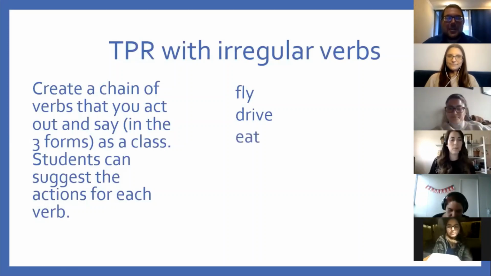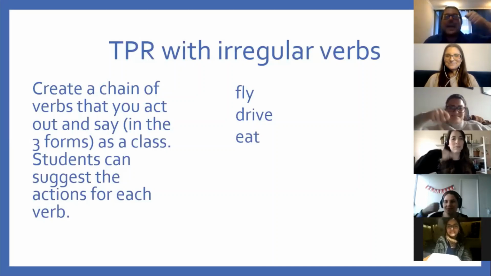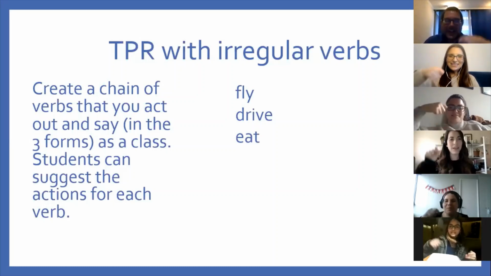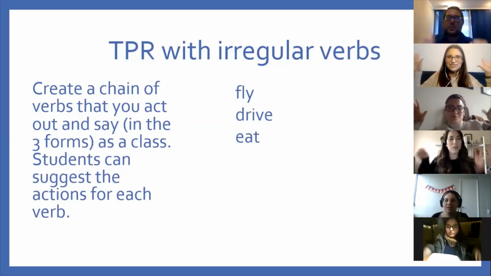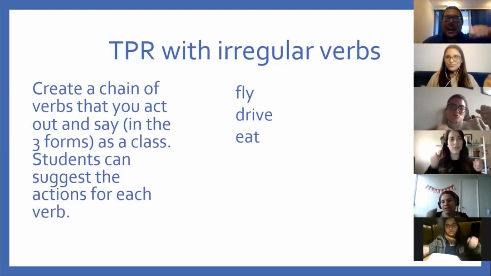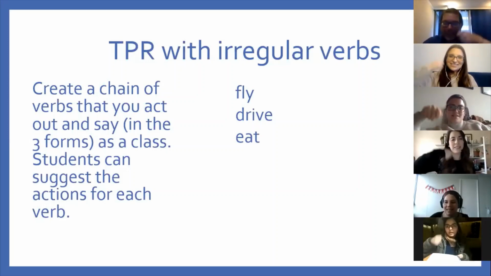Okay, so now a very important verb, eat. So the way I typically do this is like eating a big hamburger. Okay, I see Daniela doing like this, right? Maybe you're eating a piece of pizza, right? So you know what, we'll use this one. So eat, ate, eaten, right? Eat, ate, eaten. All right, from the beginning, fly, flew, flown, drive, drove, driven, eat, ate, eaten.